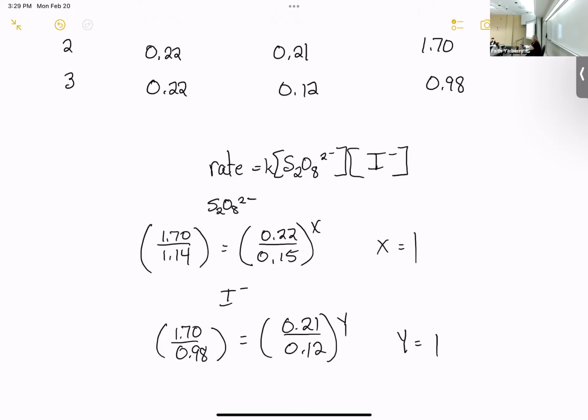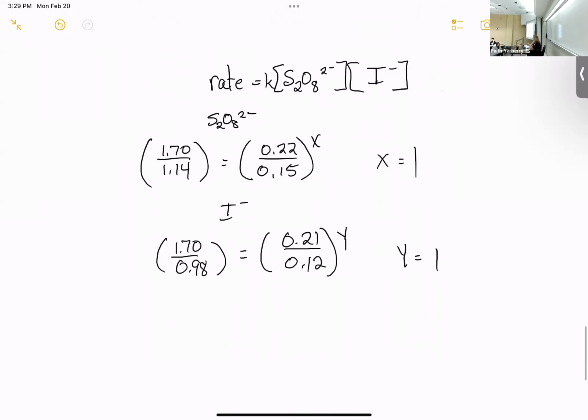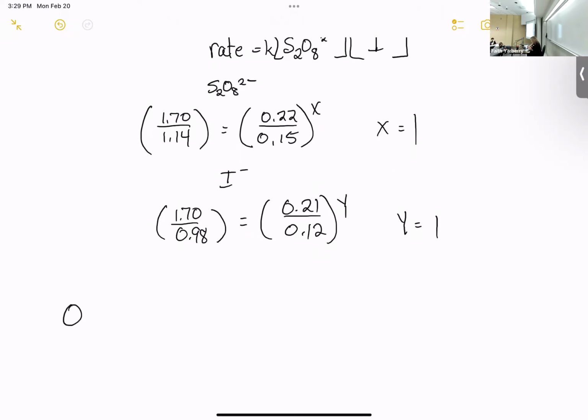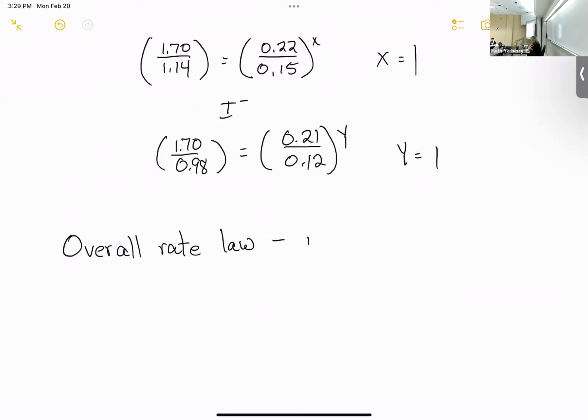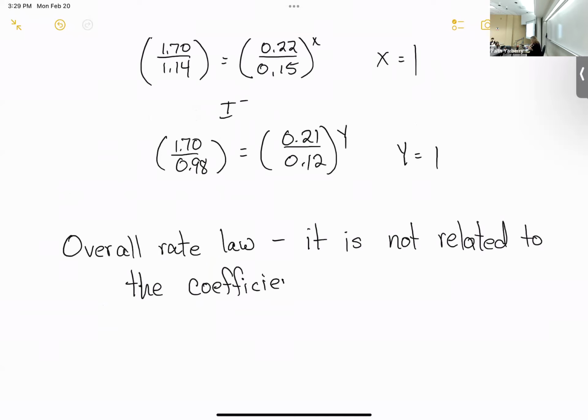Any questions? One thing I want you to note: when you talk about the overall rate law, it is not related to the coefficients in the balanced chemical equation.